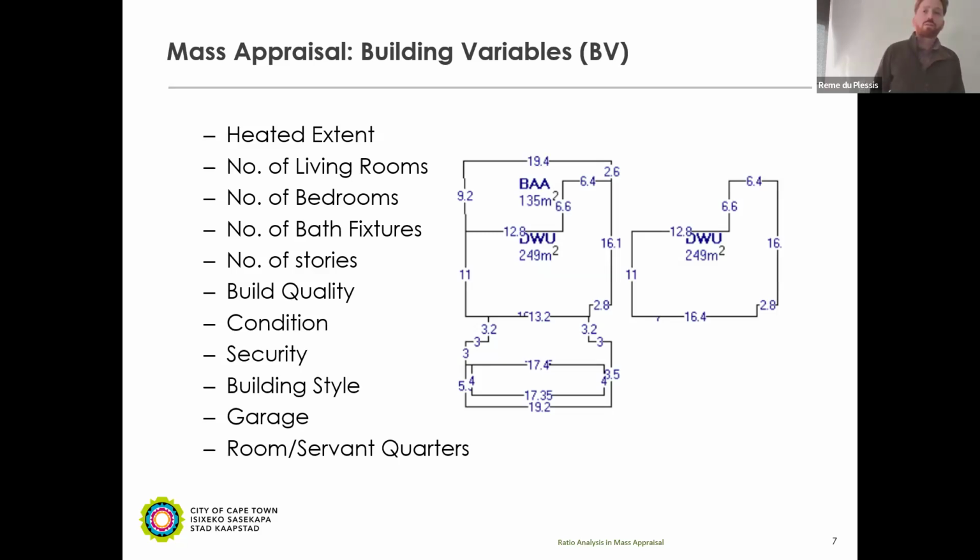Describes the quality of the build initially, so that should not change over time, and then condition. As houses dilapidate, their value decreases. We want that to be reflected in the model.